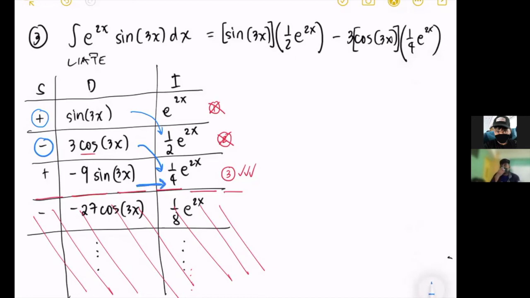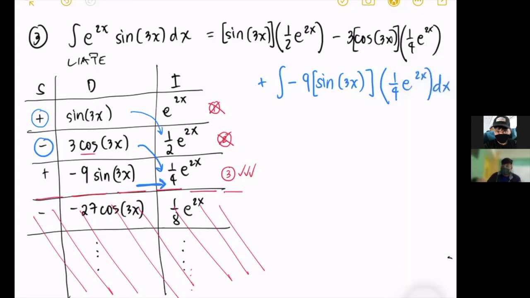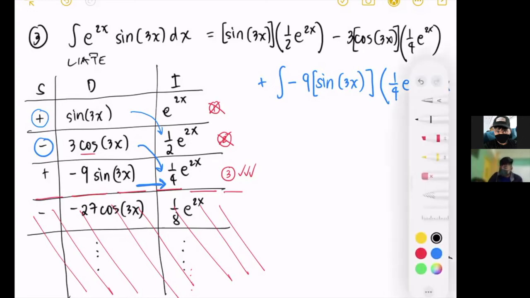But since hindi naging diagonal yung ating multiplication, ang gagawin natin ay maiiwan ito sa isang integral. Dx.